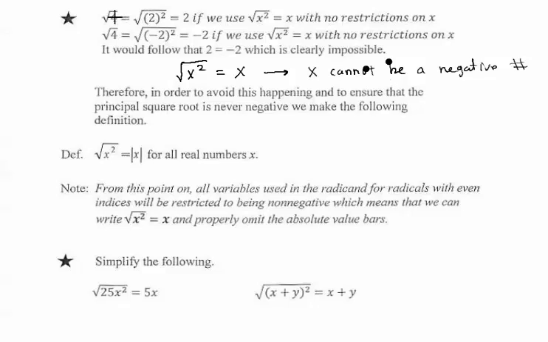All right, why is that? Well, if we look at this starred comment up here, and we look at square root of 4, in both cases, for instance, on one hand, we could have a 2 squared inside the radical. If we square a 2, then we get the square root of 4, which we know is equal to 2. All right.